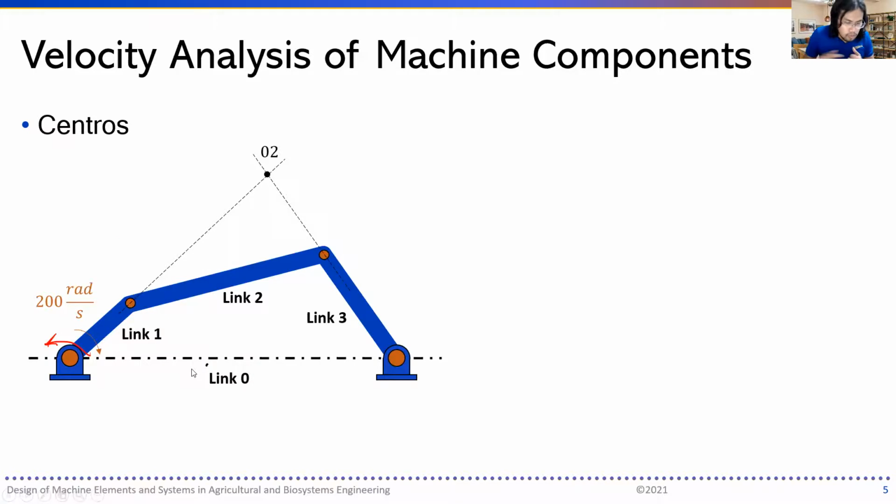All right, so what we can do is we can go the graphical method route, or we can go the IAOV route in solving for the unknown values. So we know from the fact that we have here 200 rad per second that there's a velocity 1, 2 here.